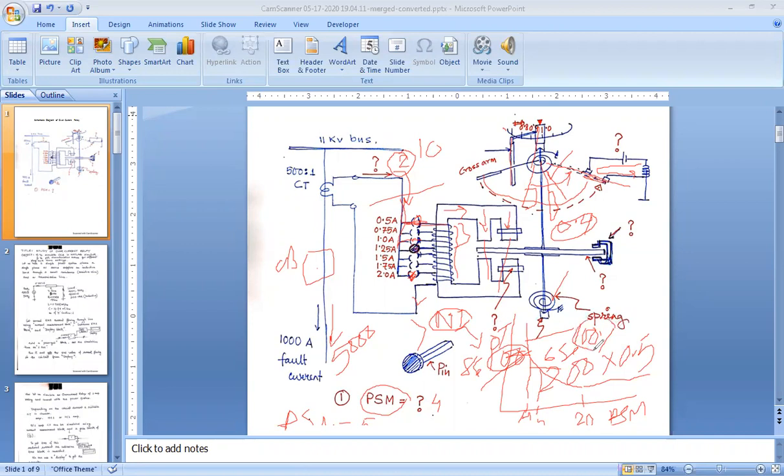Then we can calculate the time depending on this time setting. So as we have set it at 0.4, the theoretical time taken by the relay, for 5 PSM, we got 6 seconds, and it is set at 0.4. So 6 into 0.4 is 2.4 seconds.